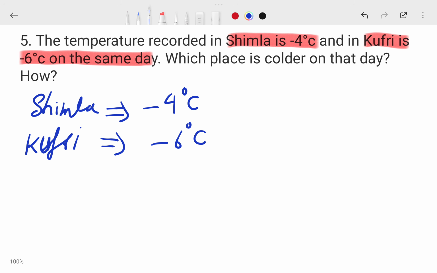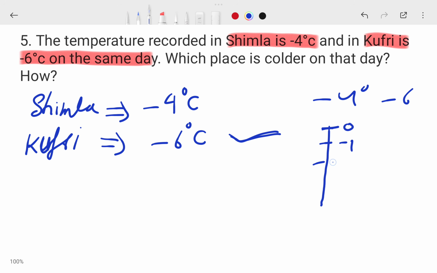In this one, which place is colder, from 0 degrees Celsius or from -6 degrees Celsius? Here Kufri is much colder. Why? Because this is a temperature graph and this is 0 degrees Celsius.